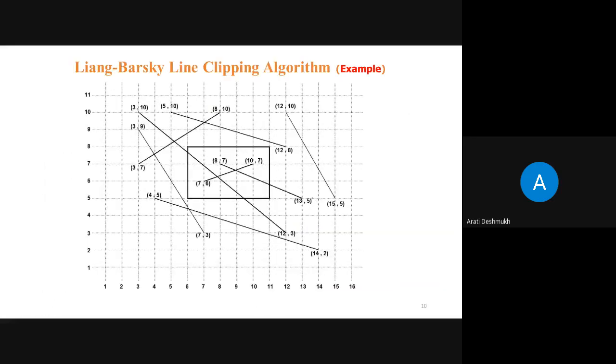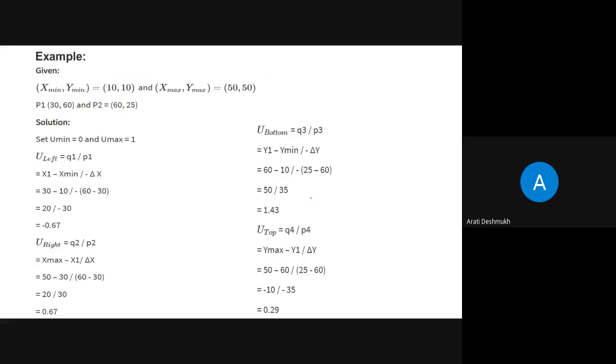So in Liang-Barsky, there is one example like that. First, xmin, ymax, xmax, ymax are given. Points are given: x1, y1, x2, y2. Then u minimum is 0 and u maximum is 1. They are considered there.